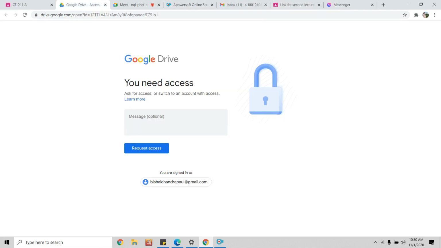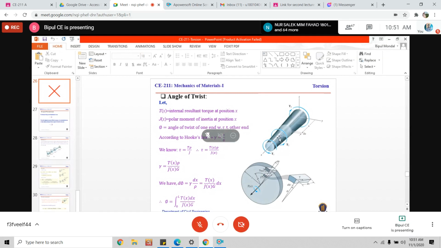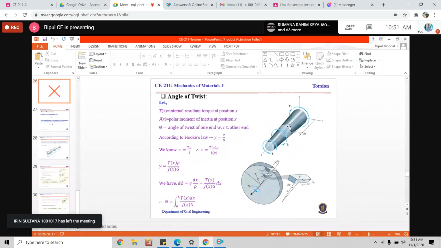But from the previous class, we have seen that the rotation varies from support to free end. That means at the support the rotation is 0, and if you go far away from the support, the rotation will be greater.